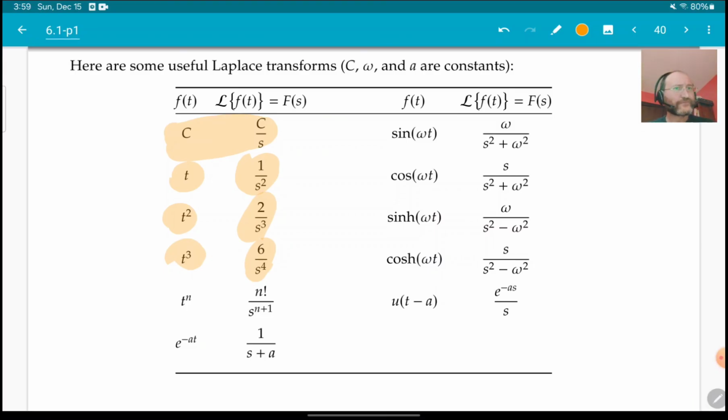In fact, what you'll find is that if you look at t to the n for any positive power n, 1, 2, 3, 4, 5, 6, 7, 8, 9, whatever, then you get this formula. Basically, if n is 5, you'll need to do 6 integrations by parts, I guess.